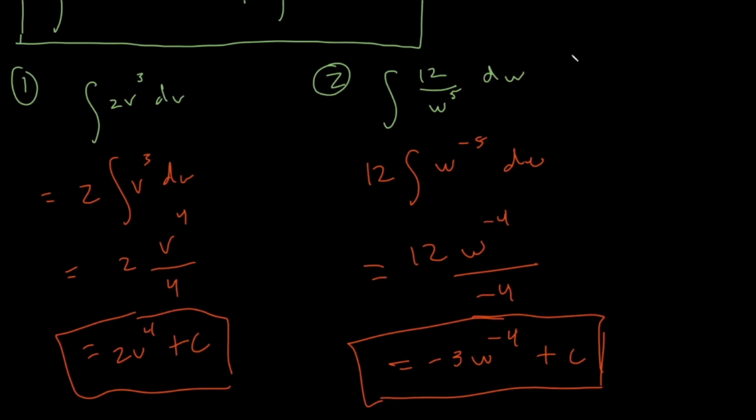I'll give you one last one to try. Three x squared minus 4x plus 5. So notice you'll have to split this into 3 integrals. So go ahead and attempt that.